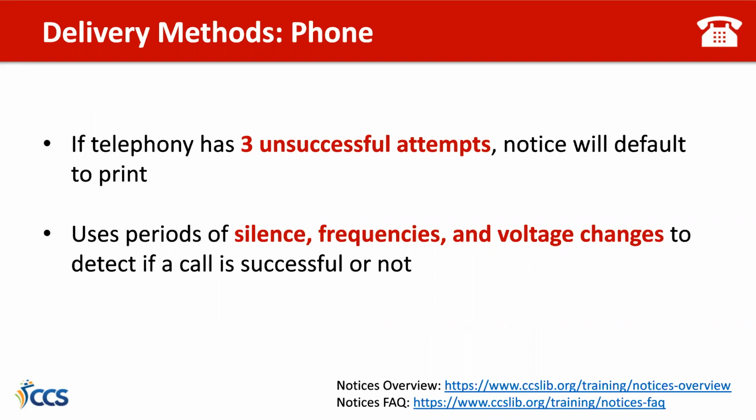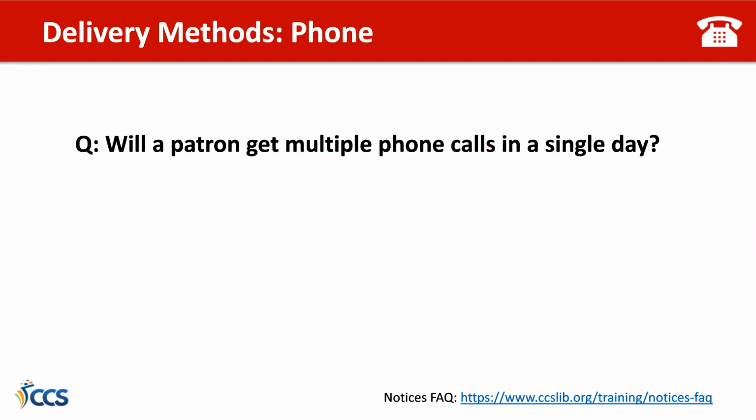Telephony uses periods of silence, frequency changes, and voltage changes to determine what happens: if a human picked up, if it got the answering machine, if the line is busy, if a call hung up on them prematurely. So it's these 3 elements that help telephony determine what happens. And this will come up again later on in our troubleshooting.